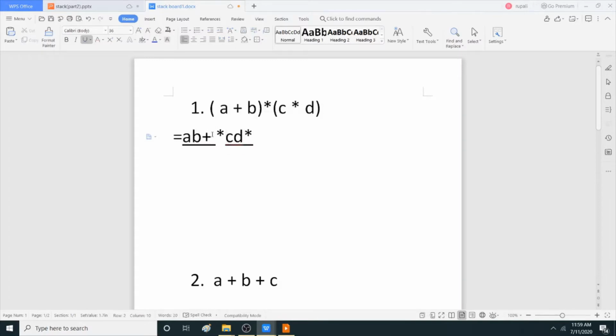So imagine that A B plus is one operand and C D into is another operand, and in between these two there is an operator into.